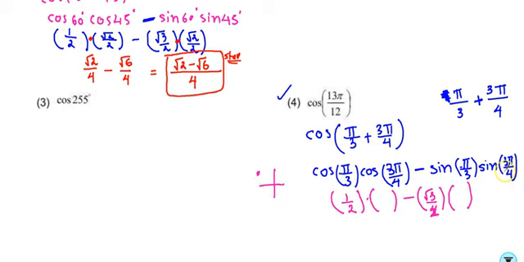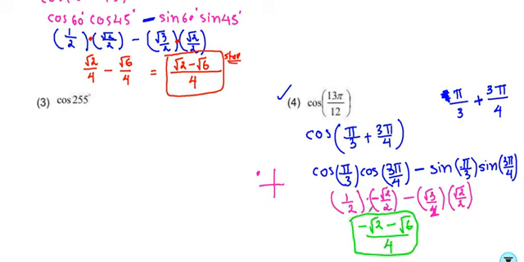Sine is going to be positive. 3 pi over 4 has a reference angle pi over 4, so this number is going to be negative root 2 over 2. Second quadrant, cosine is negative. This will be positive root 2 over 2. And my answer will be, if you simplify, negative root 2 over 4, and 3 times 2 is a 6. That's the answer.